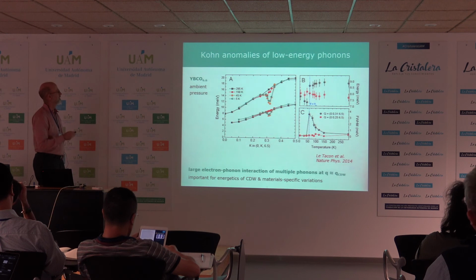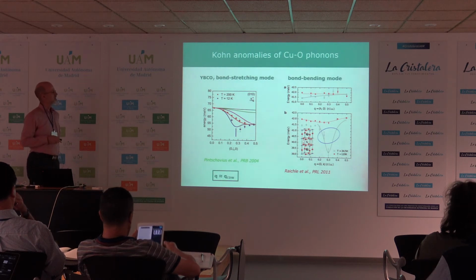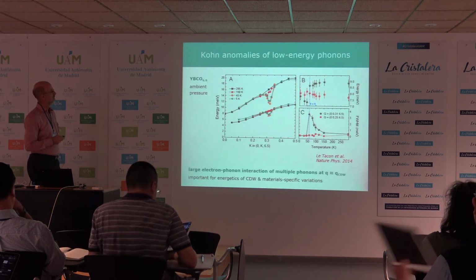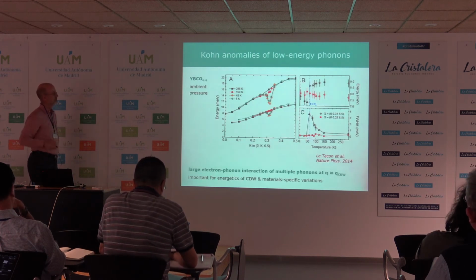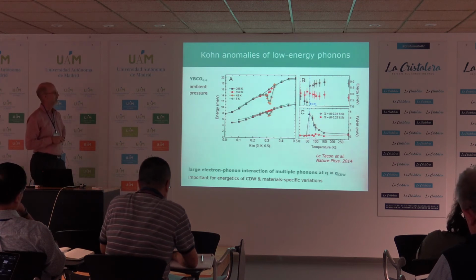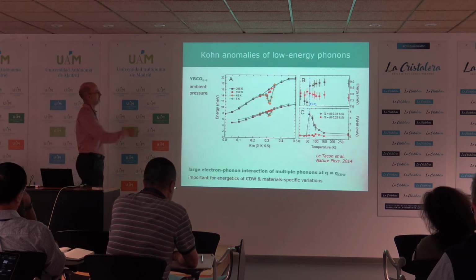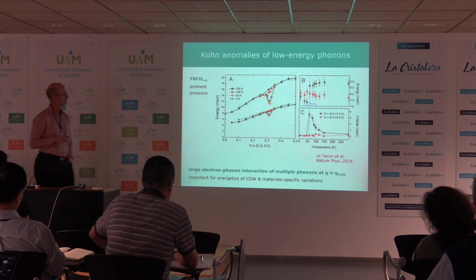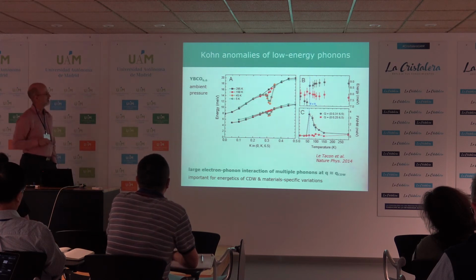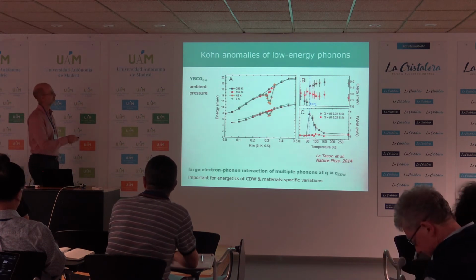And so these are generic phonons that are present in every cuprate. Copper-oxide bond bending and bond stretching modes are present in every cuprate, but there are also very pronounced, very sharp anomalies in lower lying optical and even acoustic modes. They are not generic to the cuprates. So many phonons exhibit pronounced Kohn anomalies at the charge density wave vector, and these anomalies can be quite strong, right?